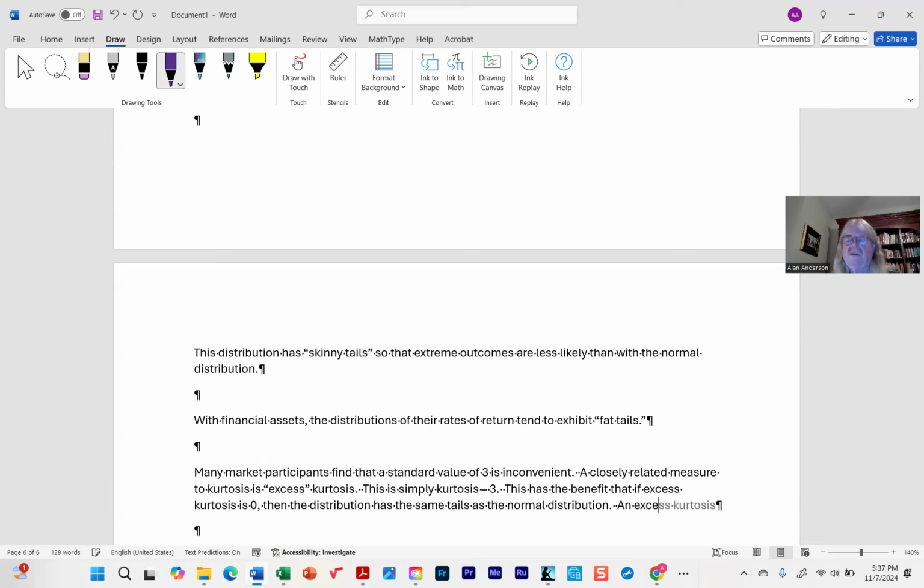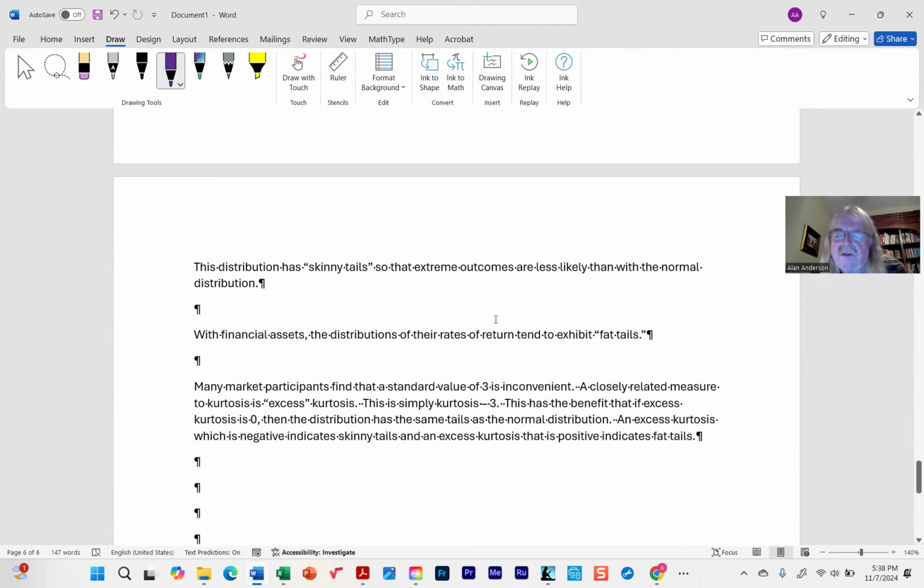Excess kurtosis which is negative indicates skinny tails, and an excess kurtosis that is positive indicates fat tails. It's just a matter of being comfortable with the units.